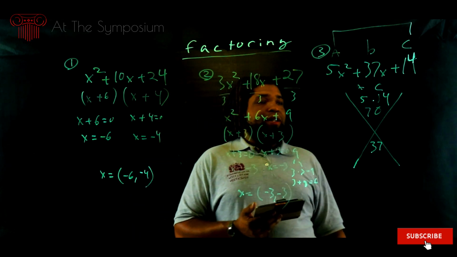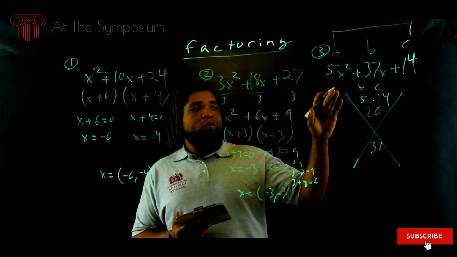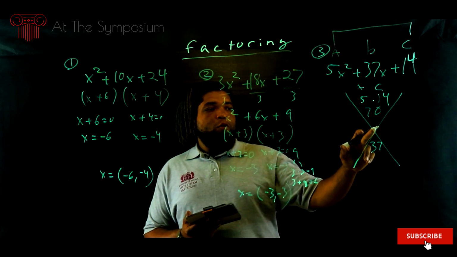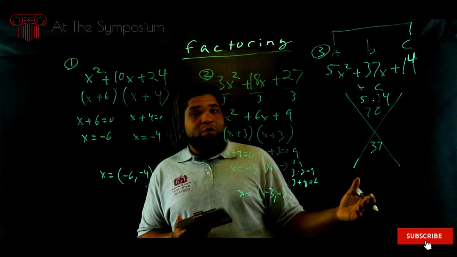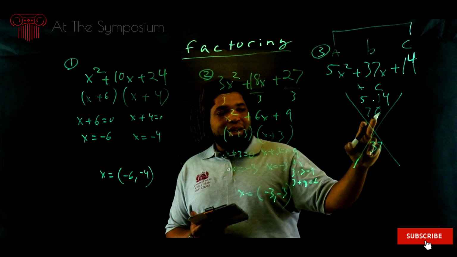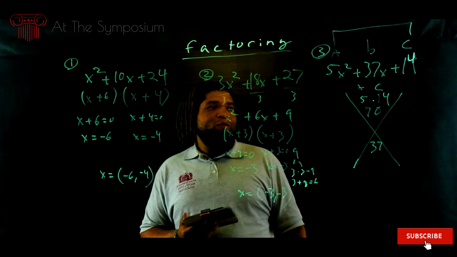Now what this basically does, multiplying A and C gives us a new number to solve for, where we can ask the same question as we always ask when we're factoring, which is, what number goes into 70 that will add up to 37, okay?